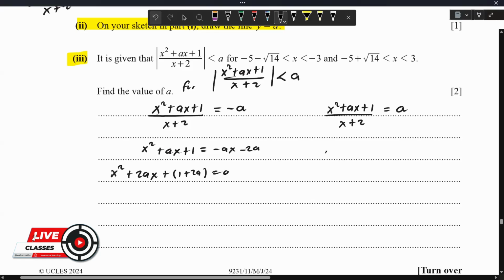Here we get x squared plus ax plus 1 is equal to ax plus 2a. So ax minus ax is 0, and it's plus 1 minus 2a equals 0. Okay. So this is what we are having here.